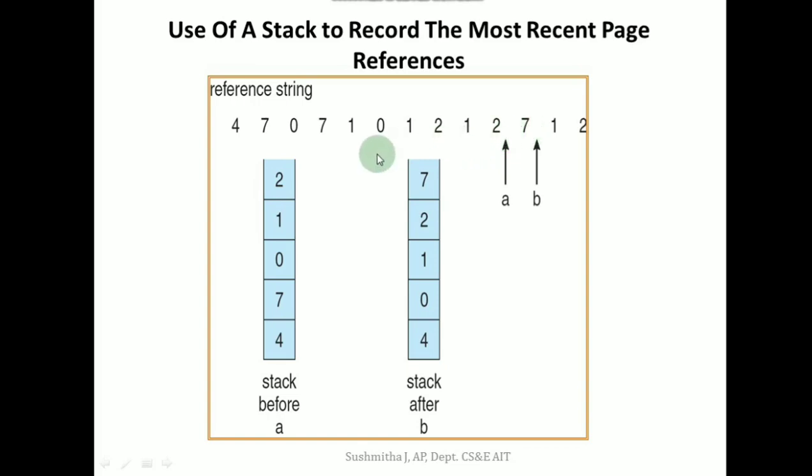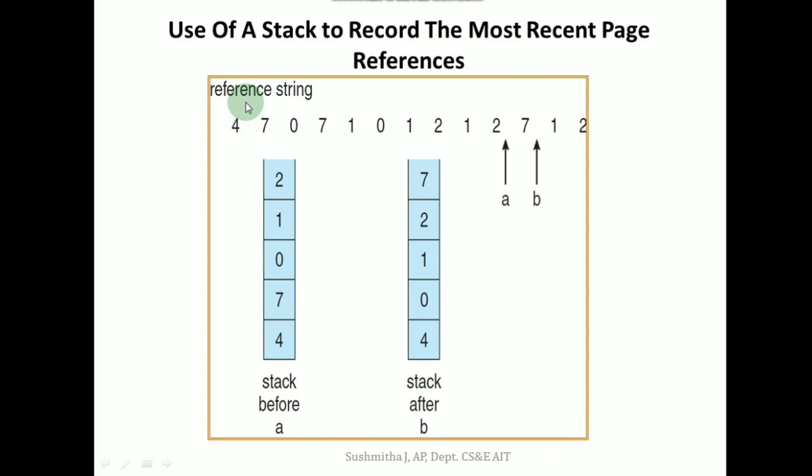If 2 was recently used, it is on the top of the stack, and next 7 is recently used. 2 is pushed down, and then I have 7 on the top of the stack. And you can see 4 here. If I look back, 4 is least recently used, that is, 4 is not referenced for a very long time. So this is another method of implementing LRU.